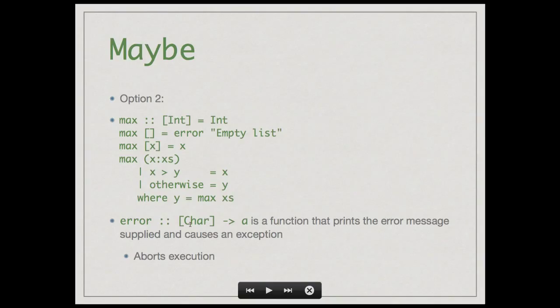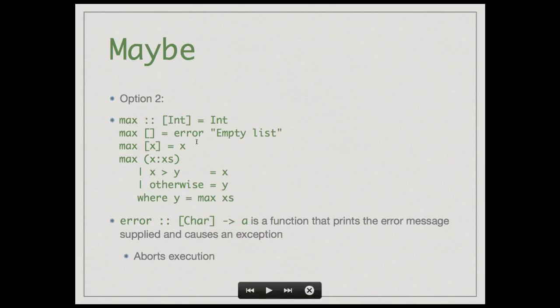It prints the error message on screen and aborts the execution. This is slightly more robust than what we had earlier, because if we default to -1 and your input list does contain negative numbers, then you do not know whether -1 was returned because the list was empty or because -1 was actually the maximum in the list.